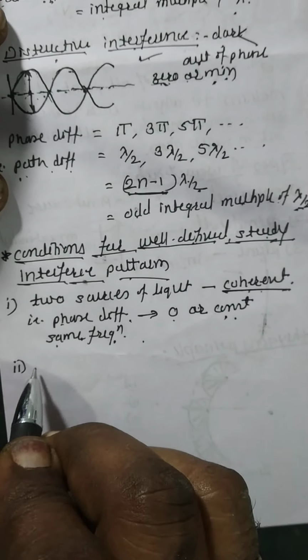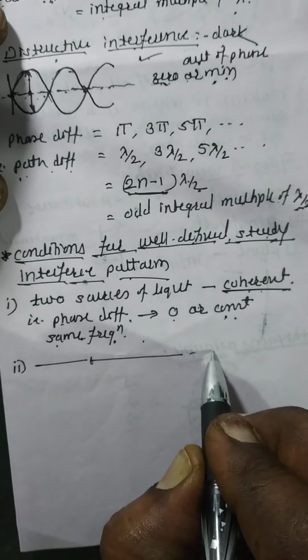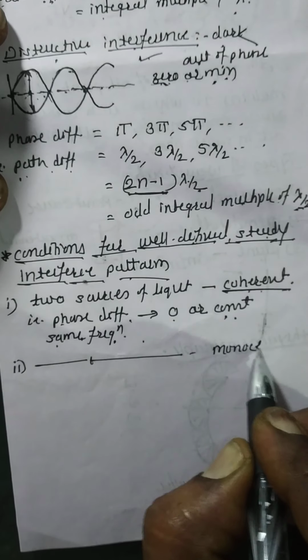Second, the two sources of light must be monochromatic.